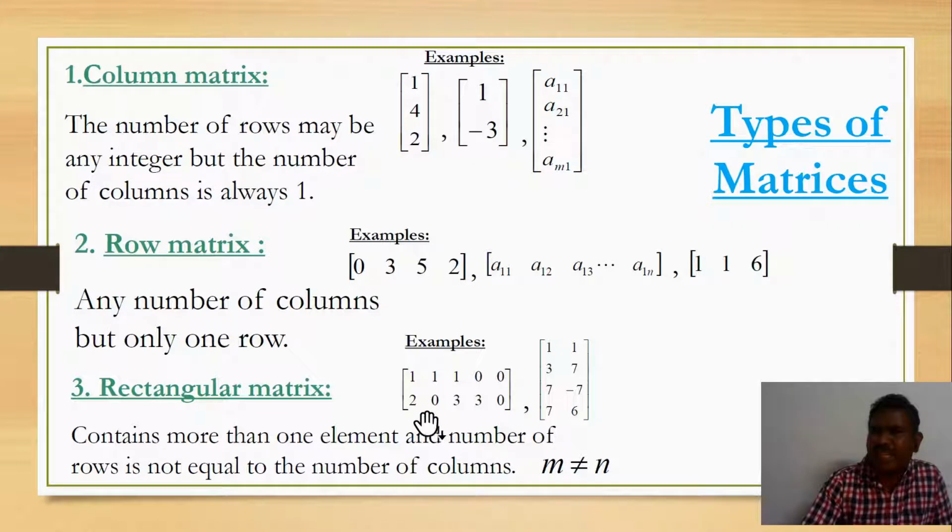Now just see what happens here: column 1, column 2, column 3, column 4, column 5, but we have only 2 rows. So the number of columns is more than the number of rows. Here we have only 2 columns but rows 1, 2, 3, 4.